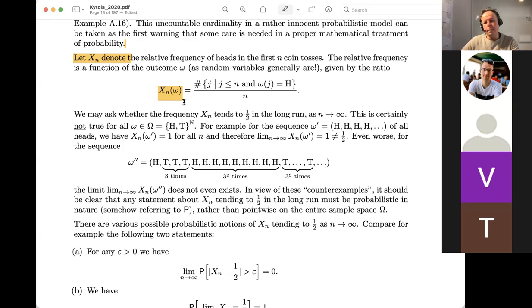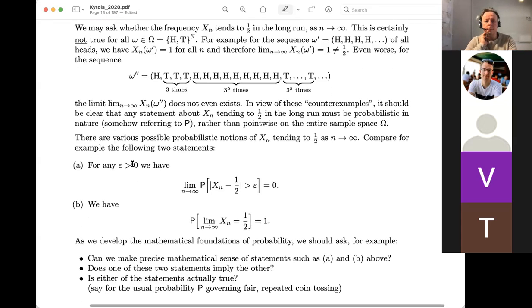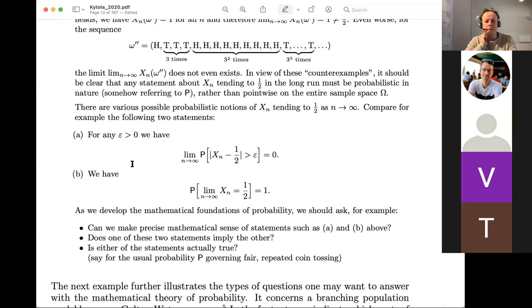And we could ask, does this sequence of random variables converge in some sense? It's clear that it cannot converge with probability 1 for every omega. For some omega, this thing does not converge, but then identifying when things converge and when not is one of the goals of the course.